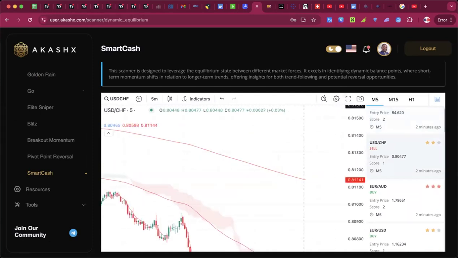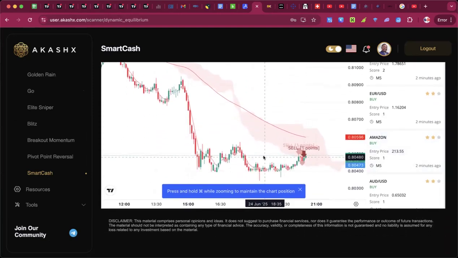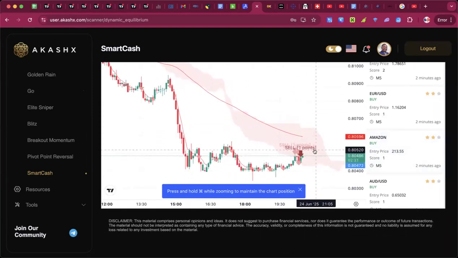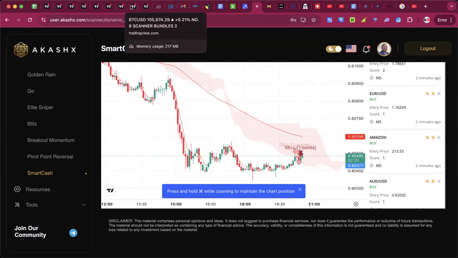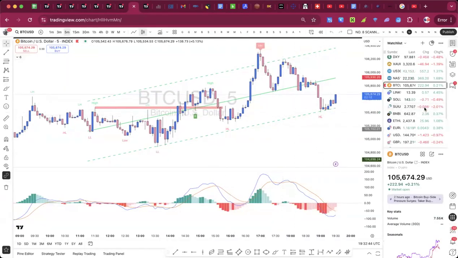USDCHF. The scanner is saying sell, but it's not a strong sell, which is supposed to have a minimum of 2 or 3 points to confirm the strength of that sell. Let's look at it on our own scanner. USDCHF. Maybe that one we're going to buy. USDCHF.